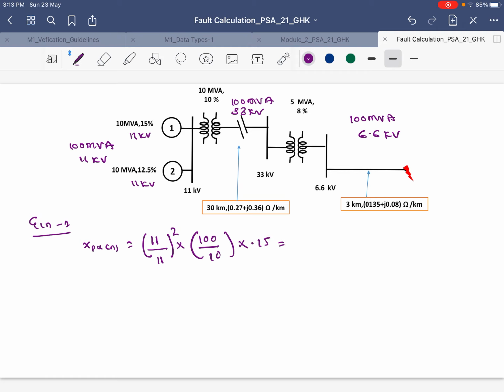Therefore, we get j1.5 per unit as the new per unit reactance.